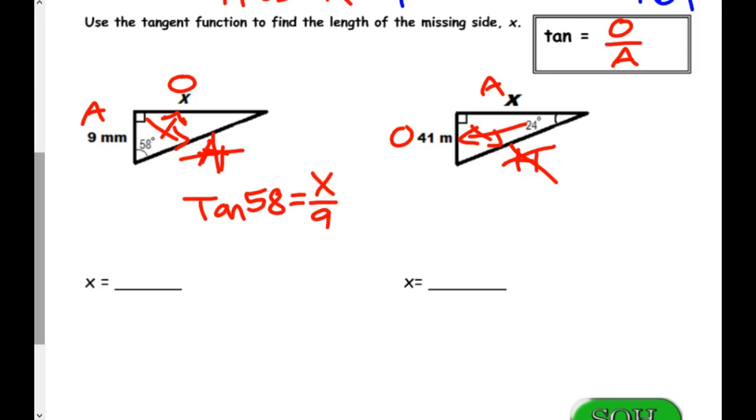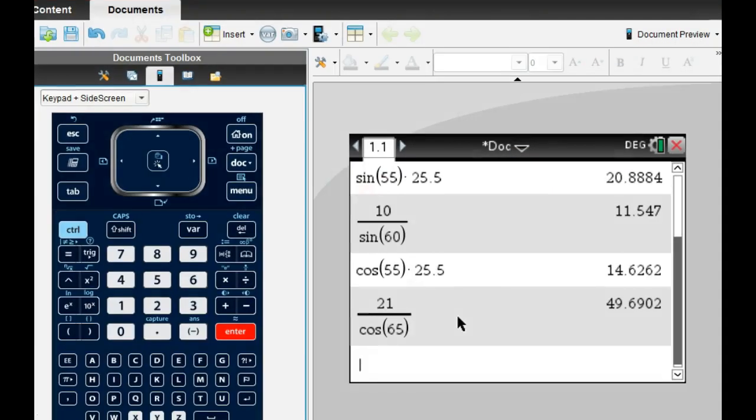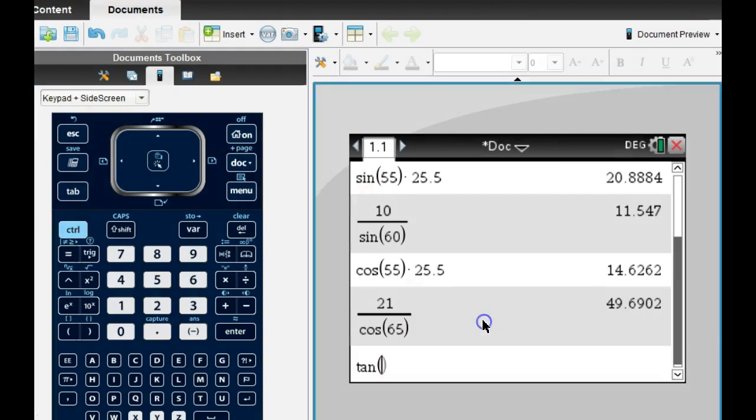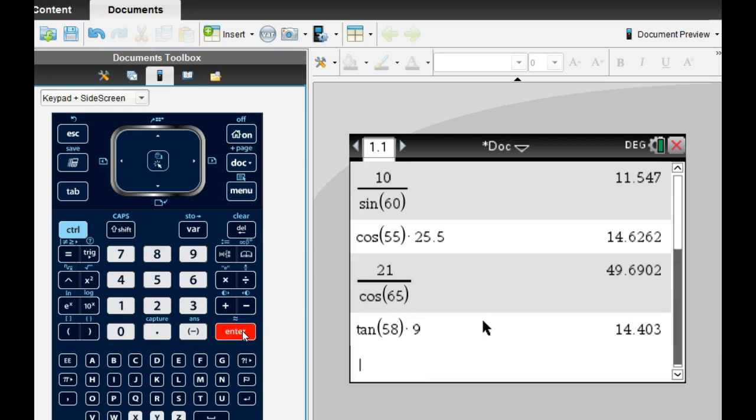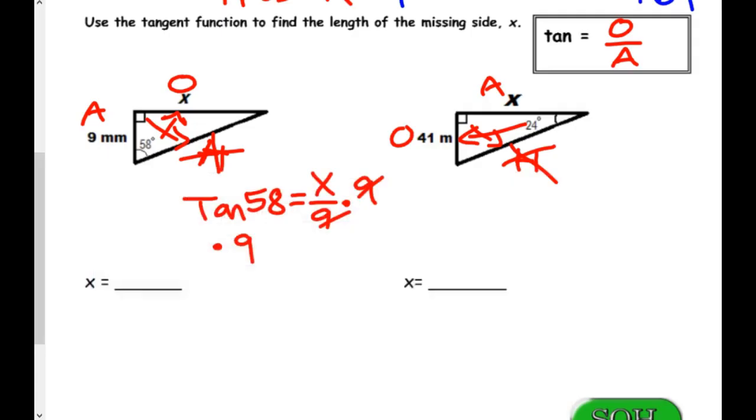X over 9. How do I get rid of it? Divided by 9? Multiply by 9. Times 9. Cancel, cancel. Times 9. Tan 58 in parentheses times 9. 14.40. So that's just 14.4.